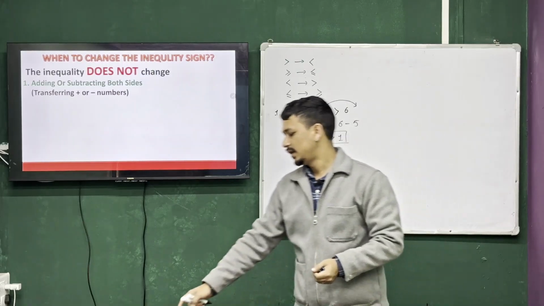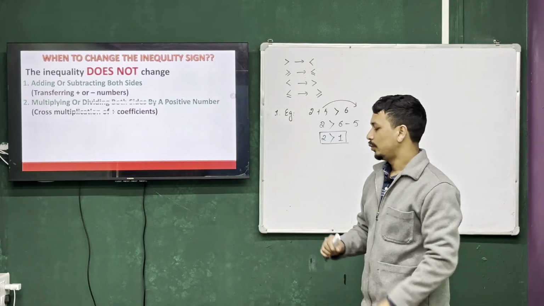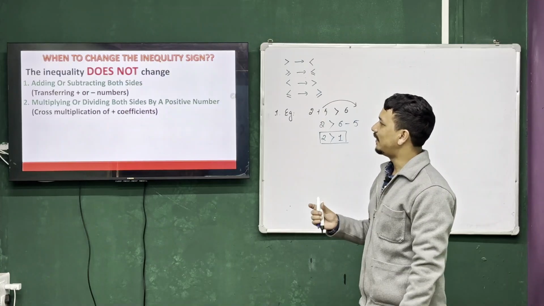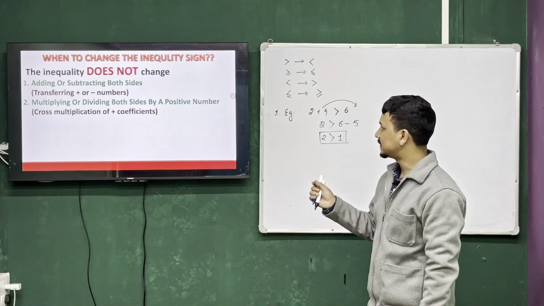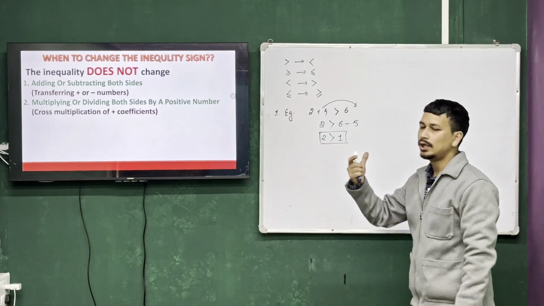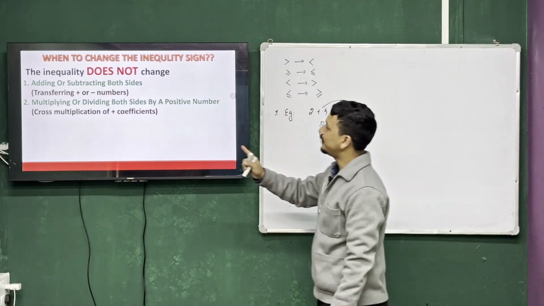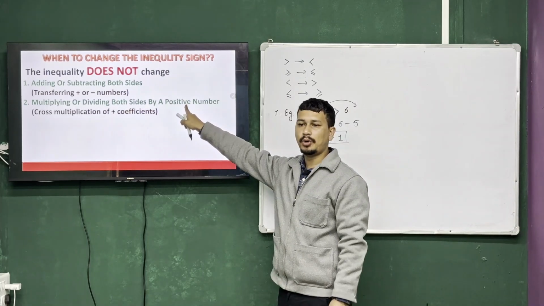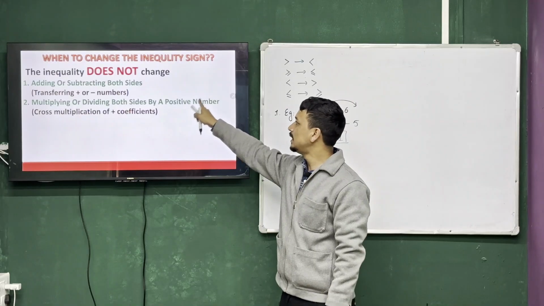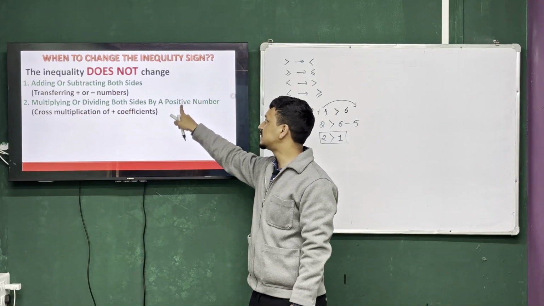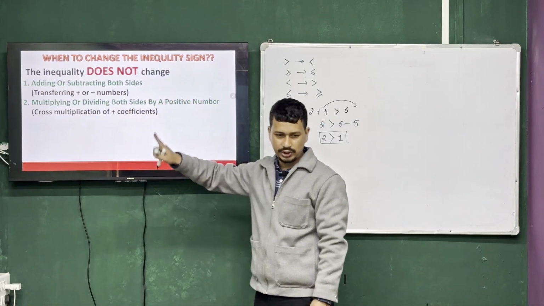Okay? Number 2, when we multiply or divide on both sides, or the way we learn it, cross multiplication of coefficients, but the coefficient has to be positive. Alright, keep this in mind. Only when the coefficient is positive, the sign does not change.